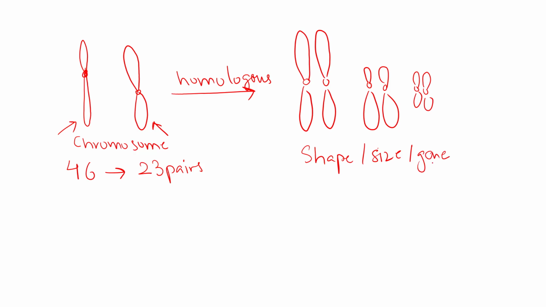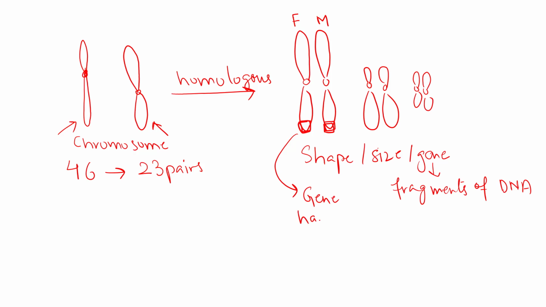So genes are fragments of DNA. Let's say this small fragment of DNA is a gene. Then this small fragment of DNA is also a gene. But this came from your father and this came from your mother. Now let's say we are talking about a gene related to hair color.